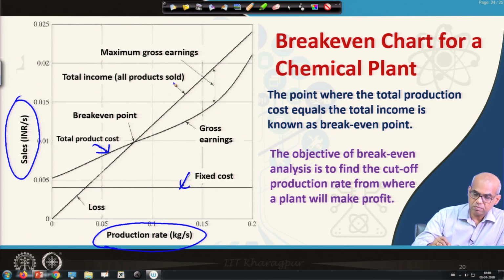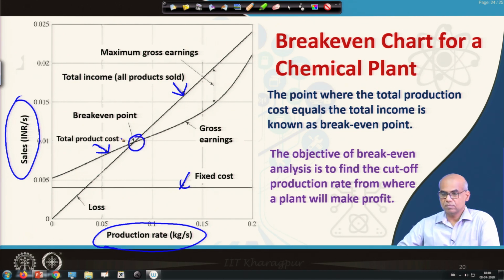And this represents total income. Now, if you look here, at this point, the total production cost equals the total income. So, this point is known as break-even point.